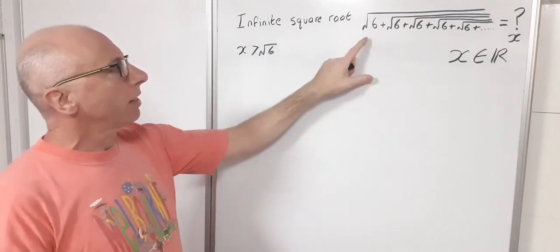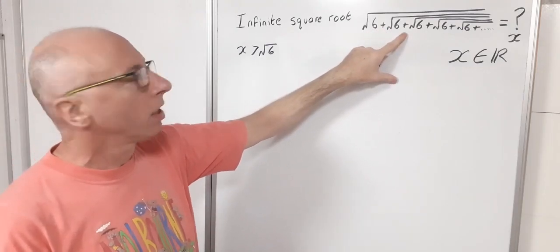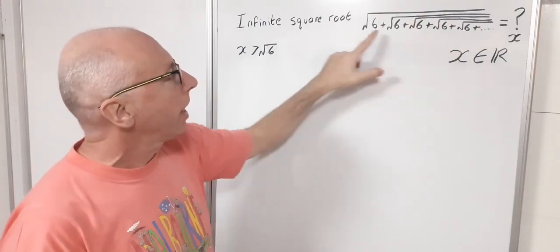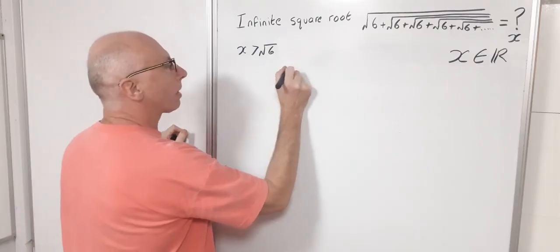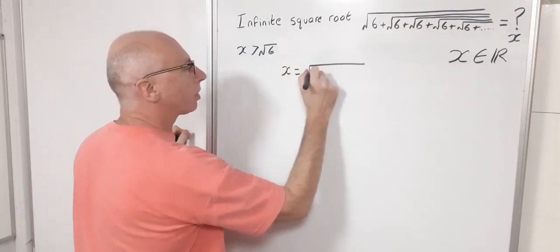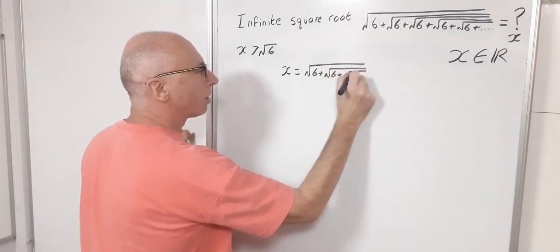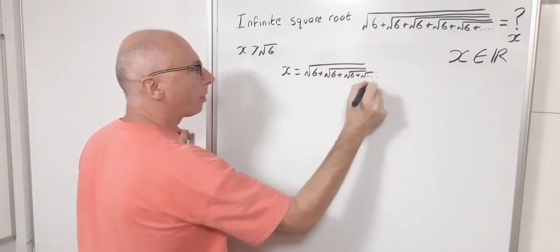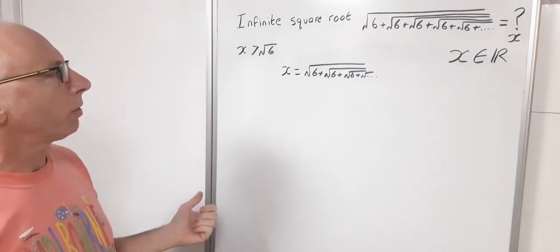So how are we going to work out whether this value converges or diverges? Let's have a look at what's going on here. Square root of 6 plus, square root of 6 plus. As we said, x can equal all of this. So x equals square root of 6 plus square root of 6 plus and so on. Now what do we want to do here?